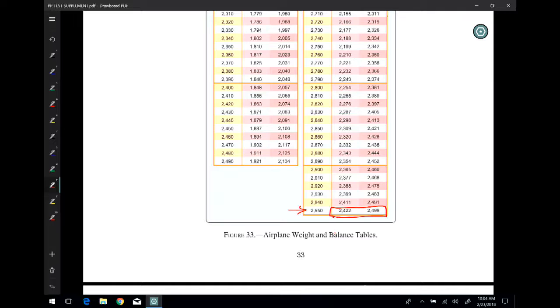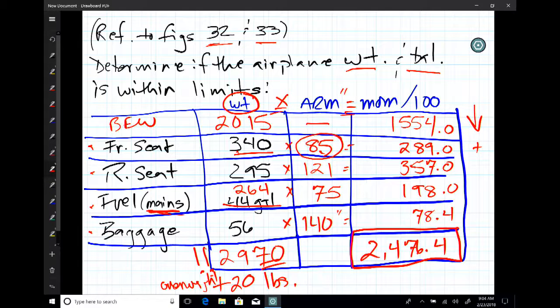Because balance-wise, even though the airplane is 20 pounds overweight, it's still within the balance here of the CG. So with this, is it within balance? Yes. So to answer the question, determine if the airplane weight and balance is within limit. Is the weight within limit?